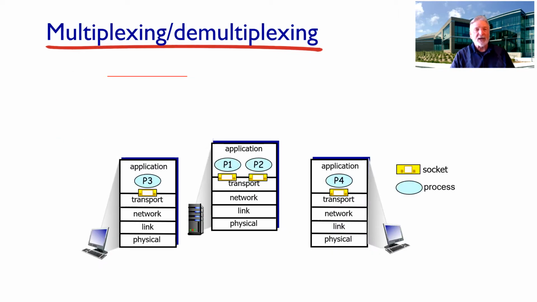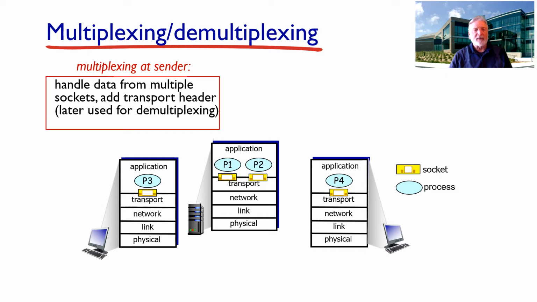Via multiplexing and demultiplexing, the transport layer extends the delivery service between 2 end systems to a delivery service between processes running on these end systems. Multiplexing does the job of gathering the application layer data into chunks, encapsulating them, and passing them to the network layer.